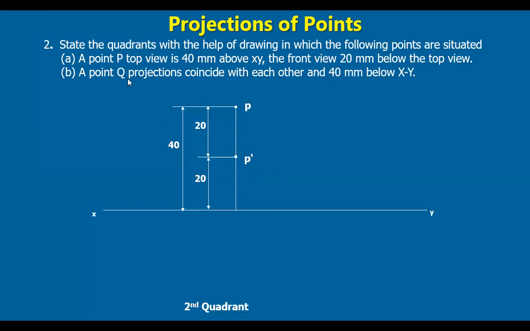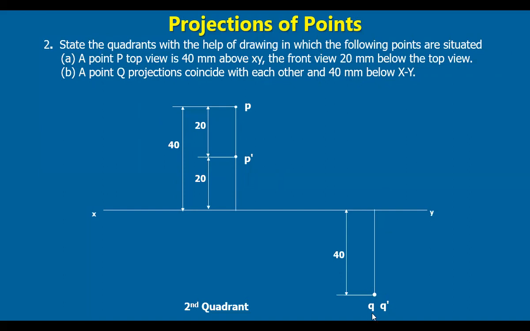Next, Q: projections coincide with each other. So if you take a point here, right, 40 mm below the reference line, below XY, at a distance of 40 mm, we mark a point here, right? Both the front view and the top view are coinciding at the point here, and the distance is 40 mm.